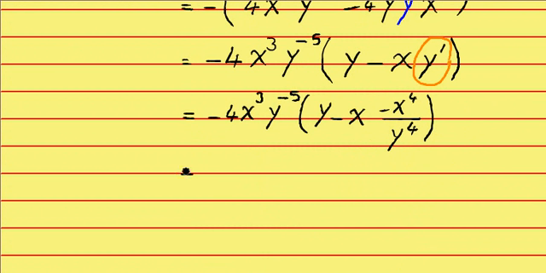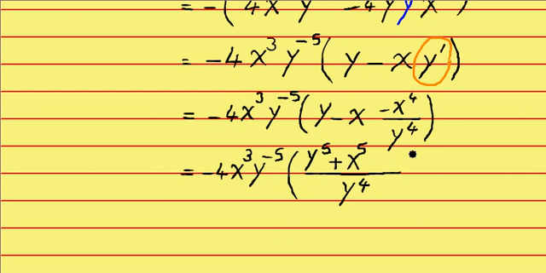Let's go ahead and simplify a little bit more. Minus 4x cubed y to the power of minus 5. I take a common denominator here, y to the power of 4. I have to multiply this by y to the power of 4. That makes it y to the power of 5. Minus times minus makes plus, and x times x to the power of 4 makes x to the power of 5.